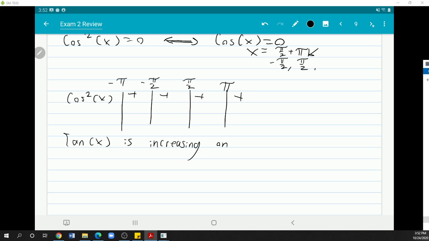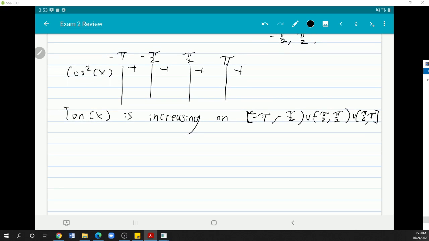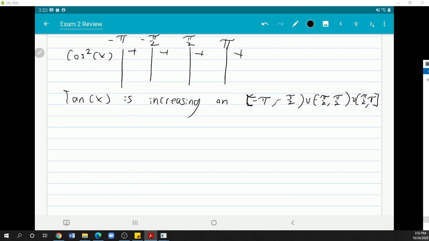Increasing on minus pi, and that's a hard bracket, to minus pi over 2, together with minus pi over 2 to pi over 2, together with pi over 2 to pi. Increasing everywhere. And now let's take a second derivative.